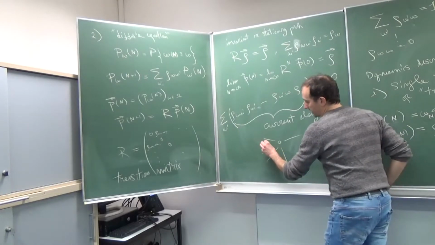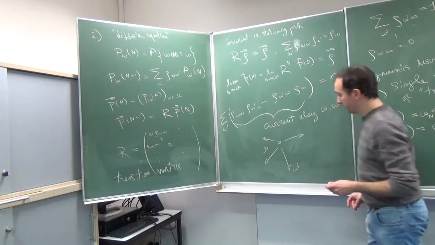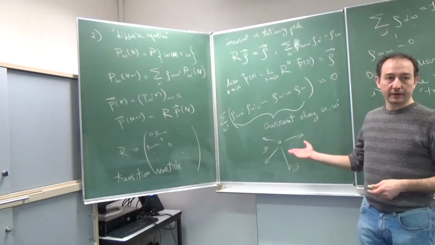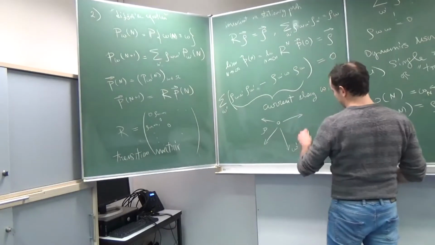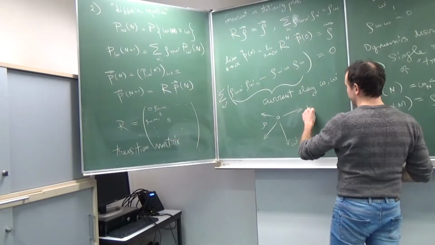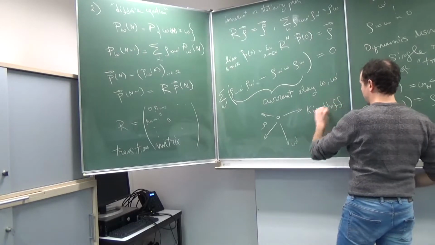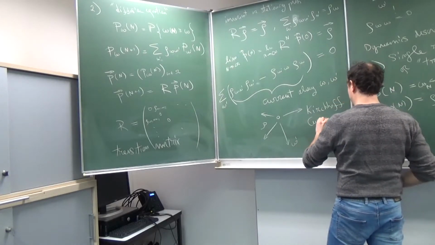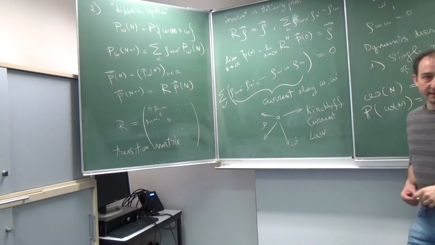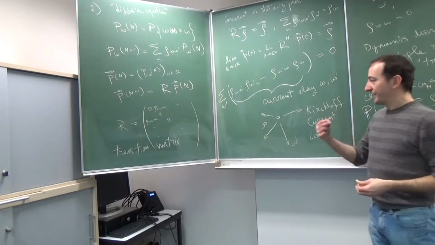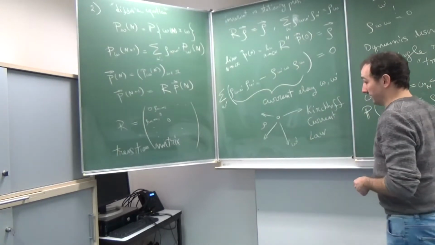So if we represent the current by an outgoing arrow, the sum of the outgoing currents is 0. This is the Kirchhoff, for physicists, current law that says that basically charge is conserved at the nodes of the network.